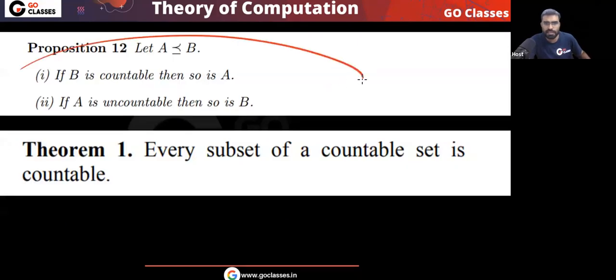So finally, these are the things that we have seen. If A is a subset of B and B is countable, then what will A become? This is the symbol for subset. If A is a subset of B and B is countable, then A will also become countable. And if A is uncountable, then B will become uncountable. Correct? Agree? Okay, so this is a very simple point.